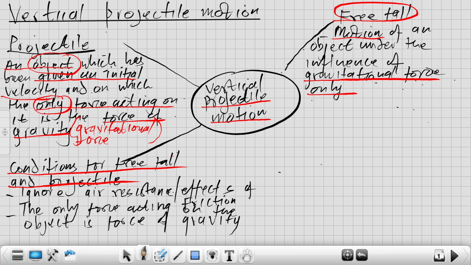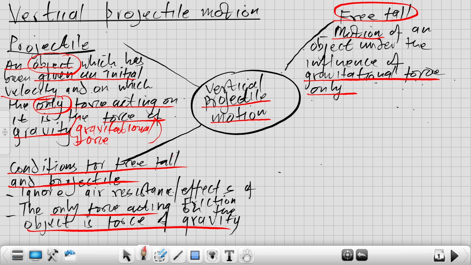Then I will be able to say it meets the conditions to be in free fall, it meets the conditions to be a projectile. So one, friction or air resistance is ignored, and the other one, which is key, is that the only force acting on it must be the force of gravity.